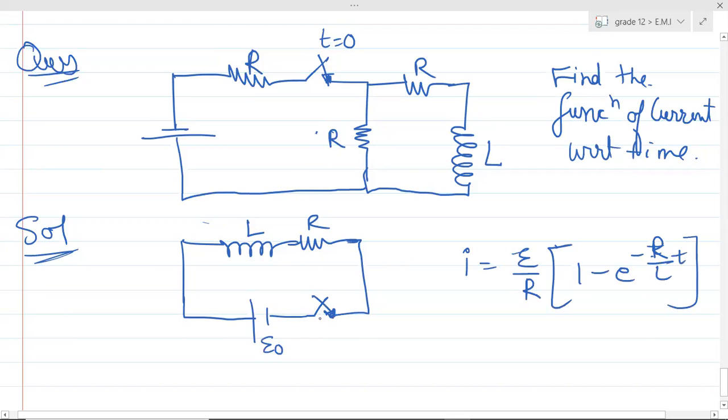Yes or no? Yes, sir. So then what to do now? Can I convert this circuit to this circuit by some method? Series parallel? No.